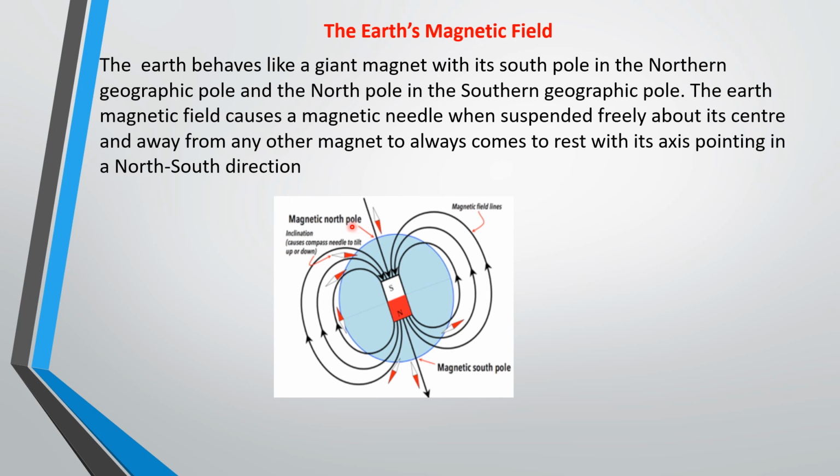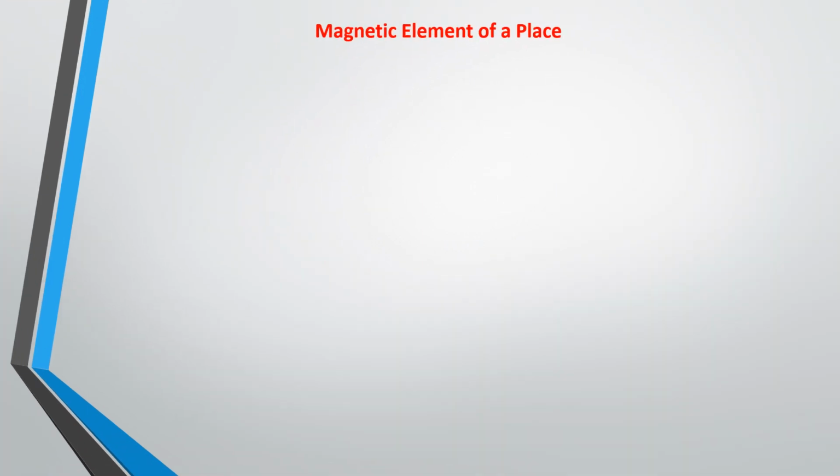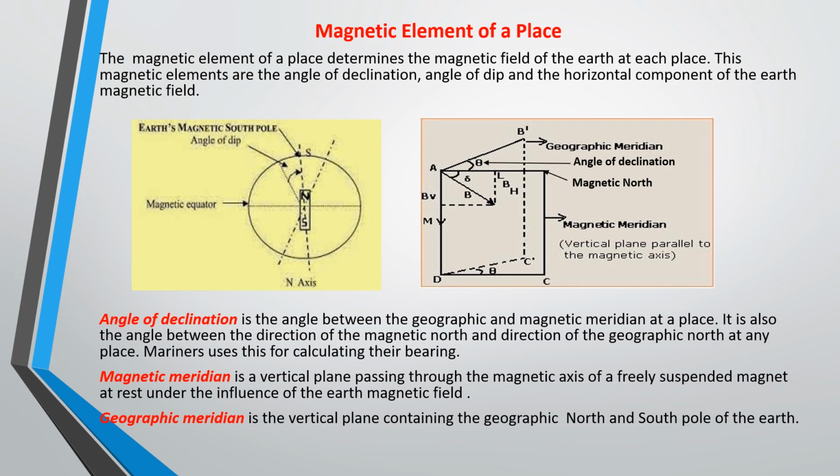Now, for the behavior of the Earth, we have some phenomena that are described, and that are called magnetic elements of a place. So that's what we want to discuss now. What are the magnetic elements of a place?